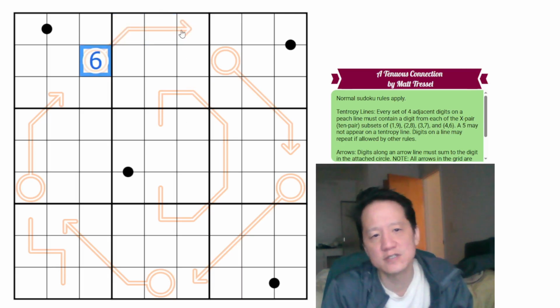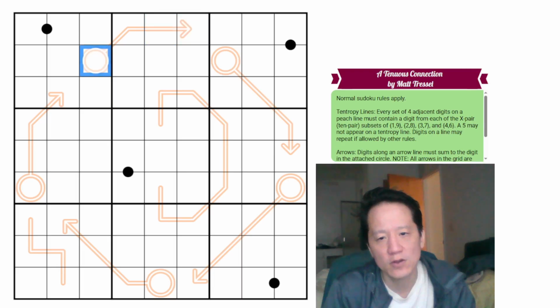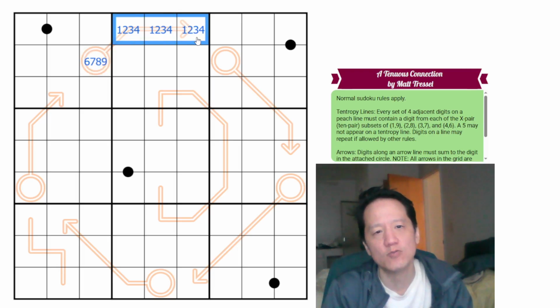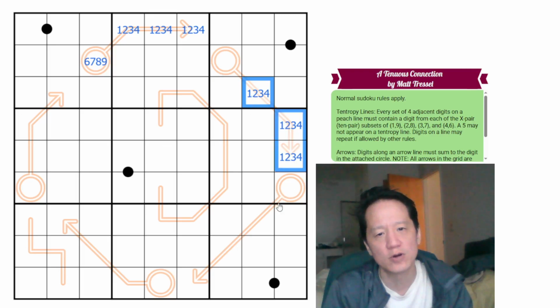So if this is 6, it has to be 1, 2, 3. If it's 7, it's 1, 2, 4. If it's 8, it has to be 1, 3, 4. And if it's 9, it cannot include a 1. Therefore, it must be 2, 3, 4. So we know all of these tentropy lines specifically have to be 1 through 4. So these are 1 through 4.